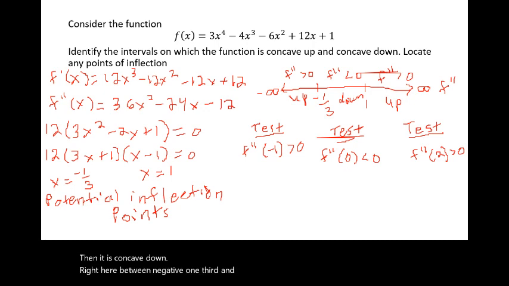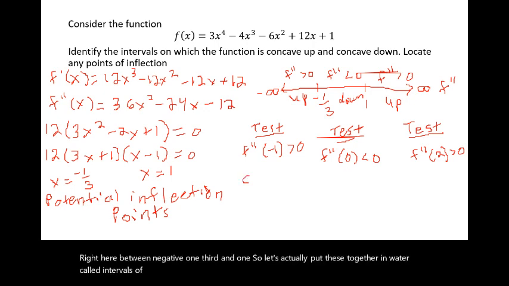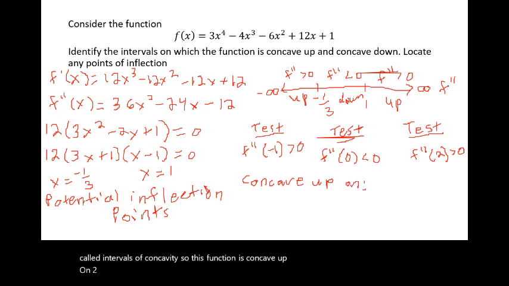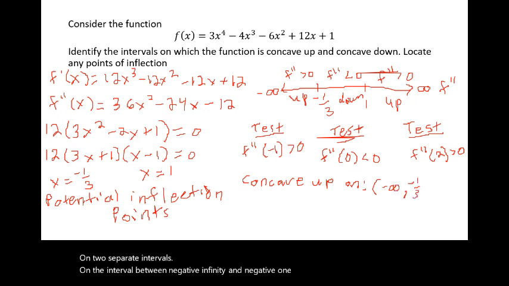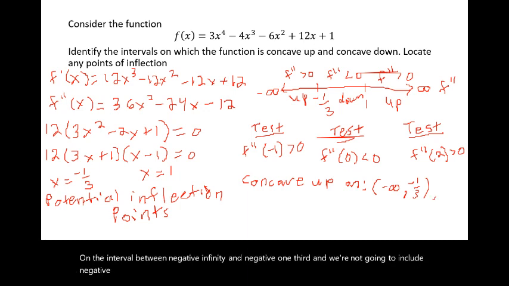Let's put these together in what are called intervals of concavity. This function is concave up on two separate intervals. On the interval from negative infinity to negative 1/3, and we're not going to include negative 1/3 because it is neither concave up nor concave down at that point.